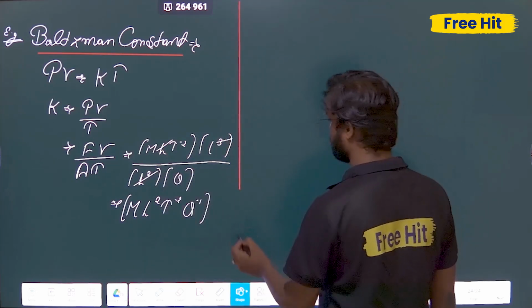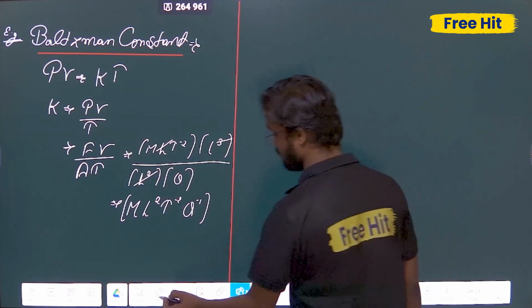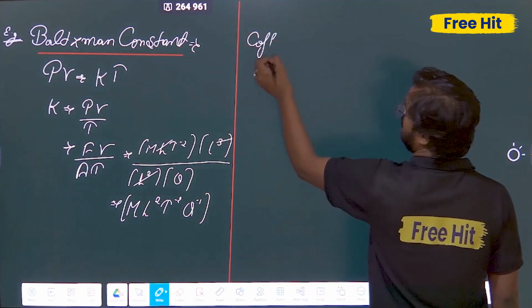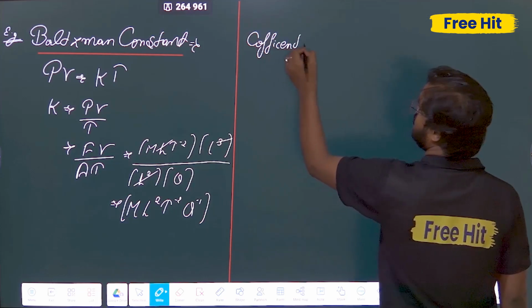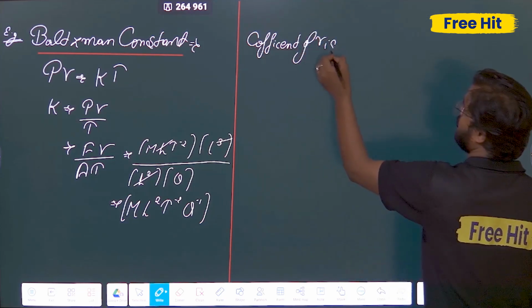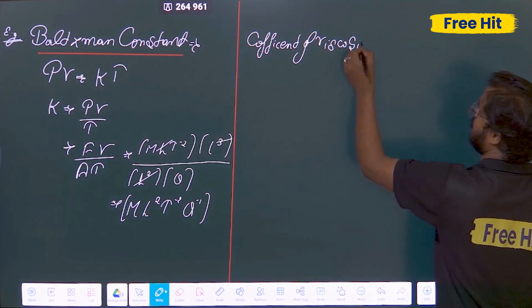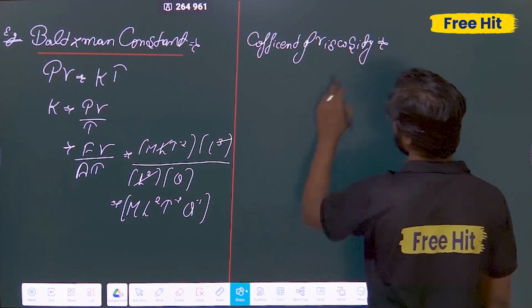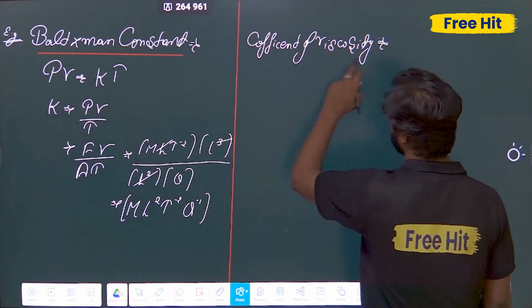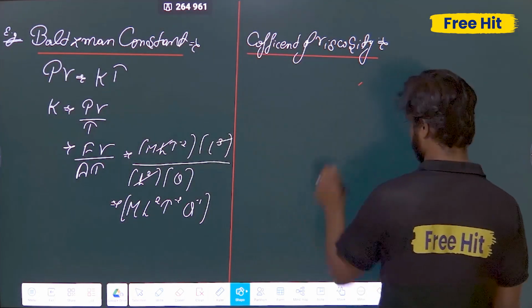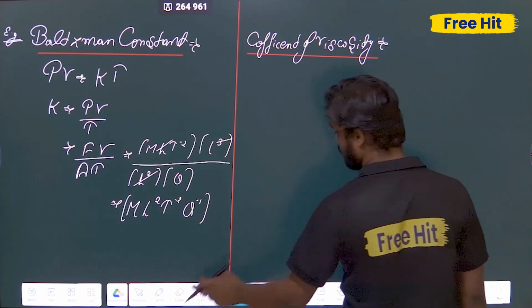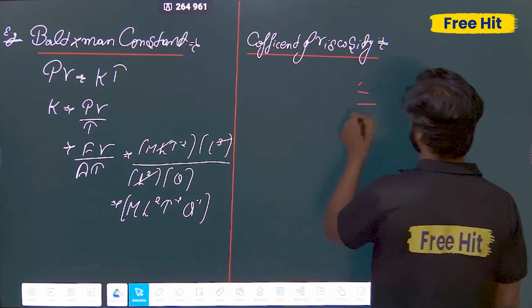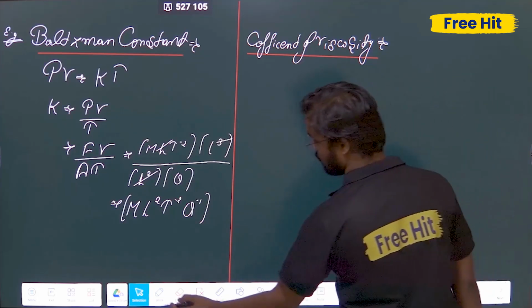Most of the time they directly ask the dimension of the coefficient of viscosity.